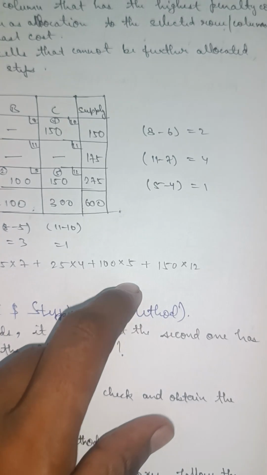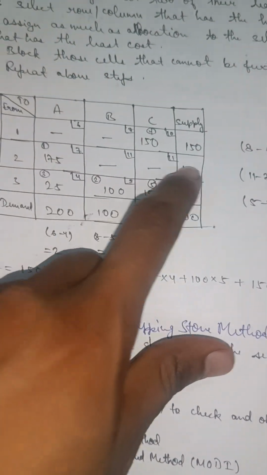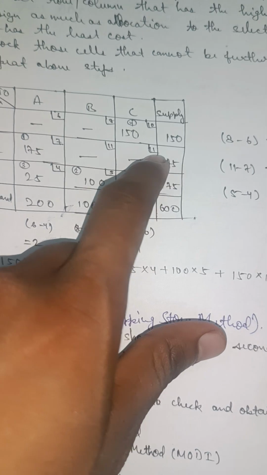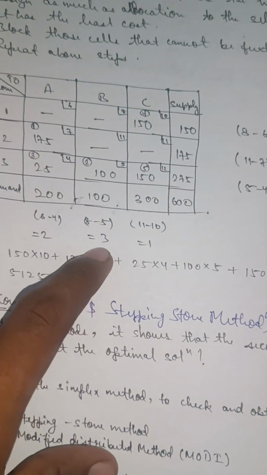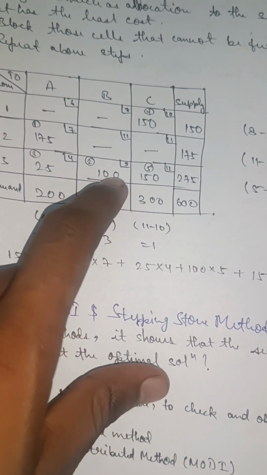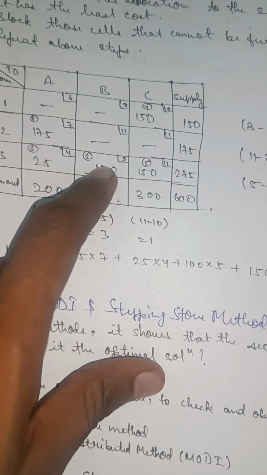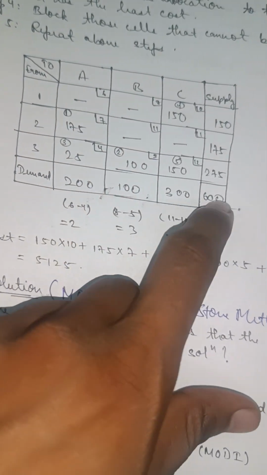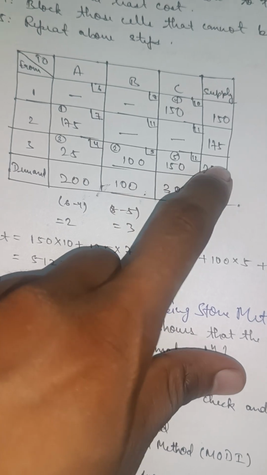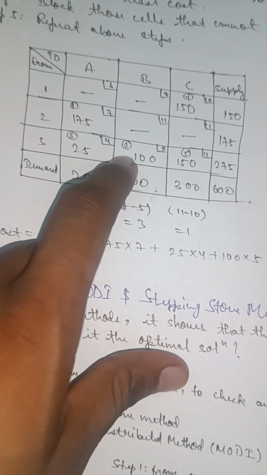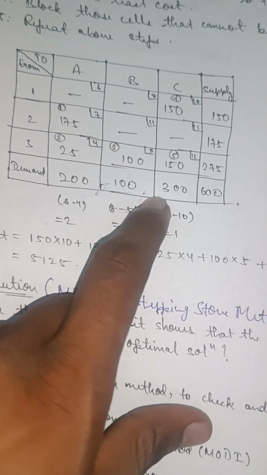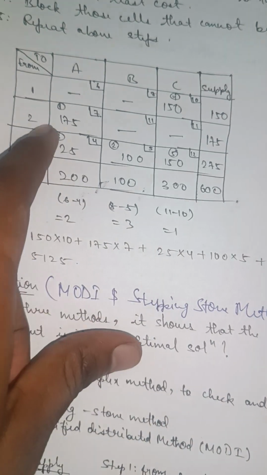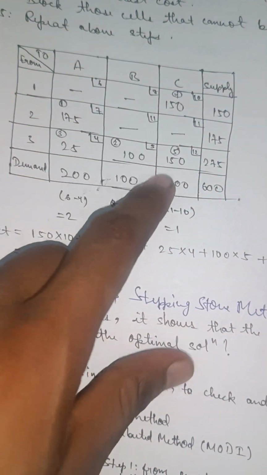Both will be compared, because 4 here is cancelled. We have used 4 once for this row, and this row no longer exists, so we will use 3 and fill here 100, because the total demand here is 100, and supply is 275, so the maximum we can fill here is 100, and the left 175 will be distributed in these two. We will see how.